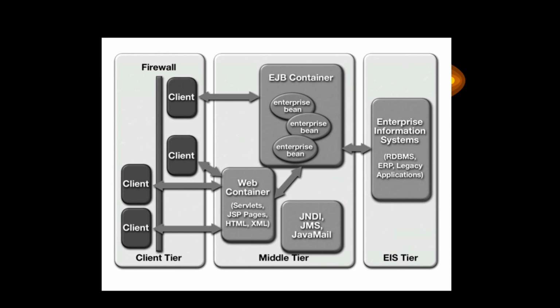On the left-hand side, we'll see two kinds of clients. The clients on the far left are outside the enterprise firewall, so they are maybe our customers, maybe our suppliers. Inside the enterprise firewall are other clients that we know are part of the company, so they can do more things.